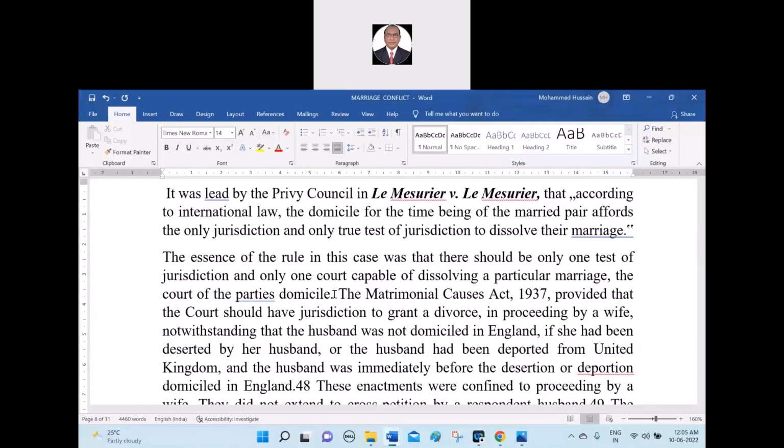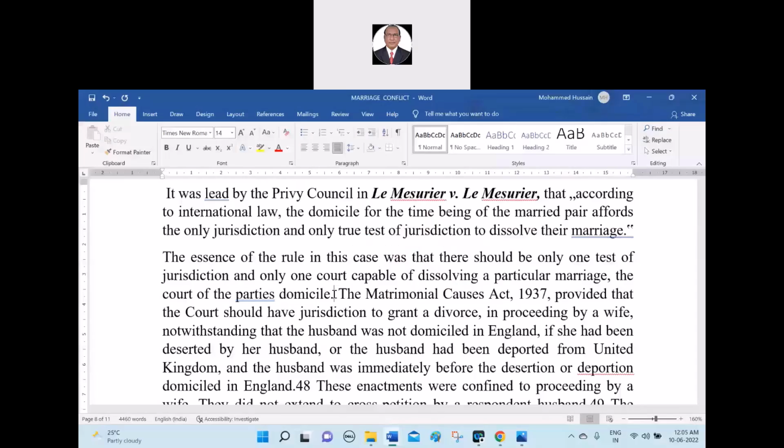So what does the Matrimonial Causes Act 1937 say? The court should have jurisdiction to grant a divorce in a proceeding by a wife, notwithstanding that the husband was not domiciled in England, if she had been deserted by her husband, or the husband had been deported from the United Kingdom, and the husband was domiciled in England immediately before the desertion and deportation.